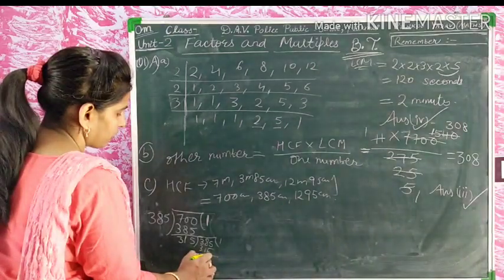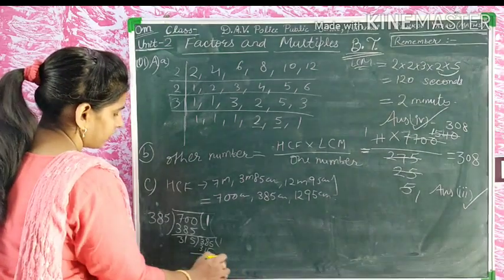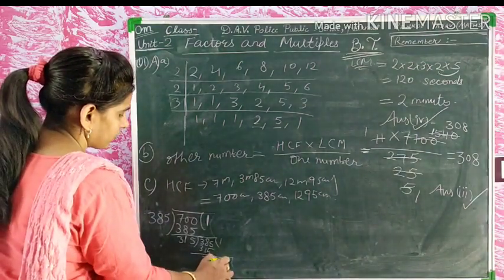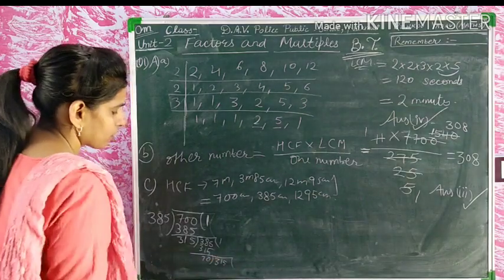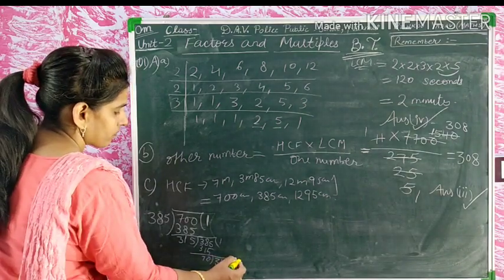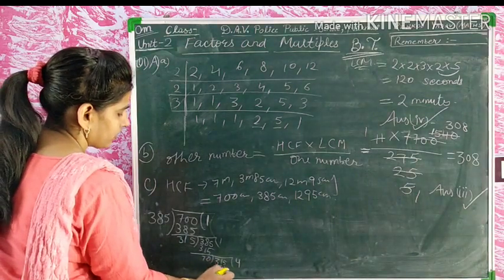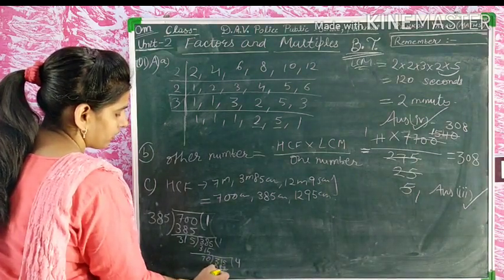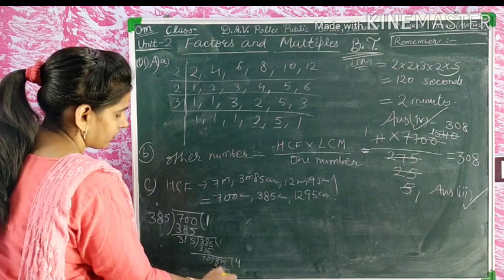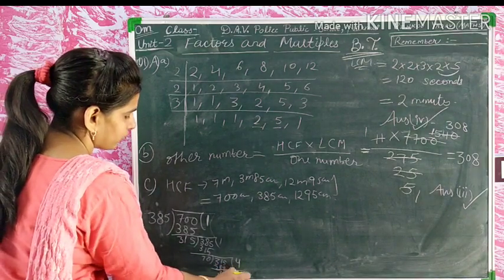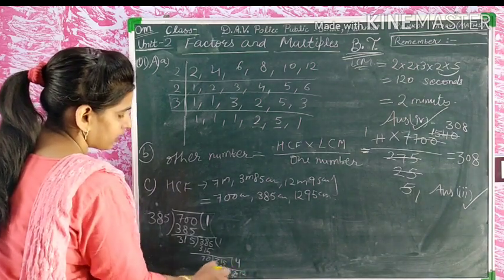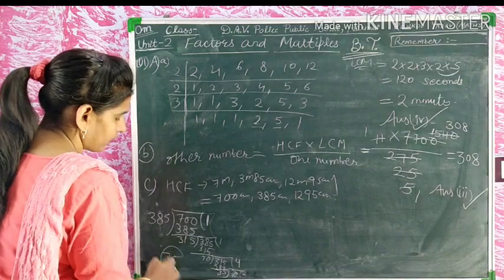There is 0, and there is 7, and there is 315 again. 280. It will get 5, and 35. It will be 70. And we will get 35 as the HCF here.